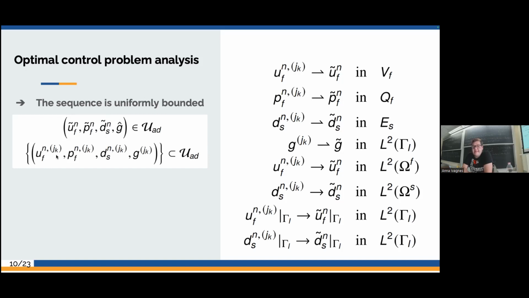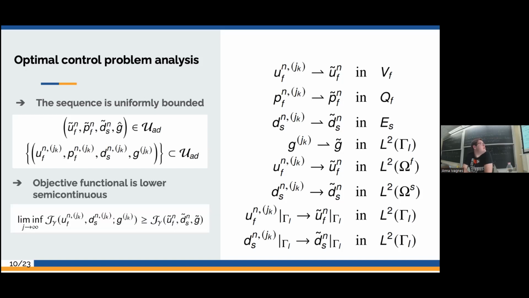First of all, because of this convergence, the sequence converges to some point like this, and because we can pass to the limit in the fluid-structure interaction equations, we can deduce this point is inside our admissibility set.